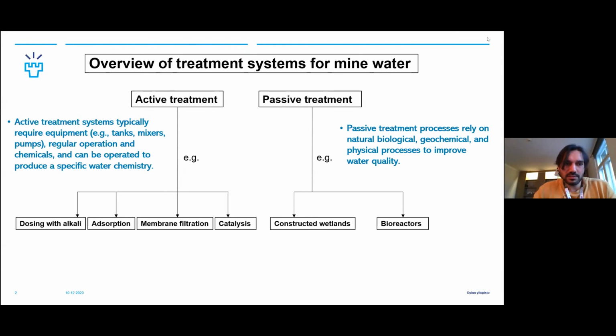Some examples of active methods are adsorption, membrane filtration, and catalysis. Passive treatment utilizes biological and geochemical processes to improve the water quality. Some examples are constructed wetlands and bioreactors. But which is the better option? That depends on the site-specific requirements.